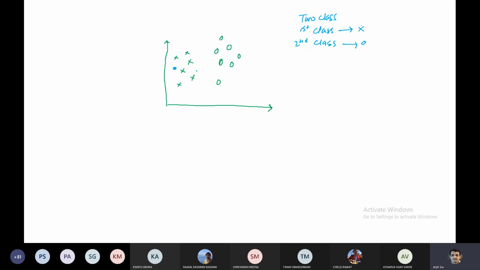Given this setting, which class does this point belong to, the cross class or the circle class? The first class, that means the cross class. Why? Because it lies in that region. If this is a classification problem, it'll probably classify it as a member of the X class, I think.